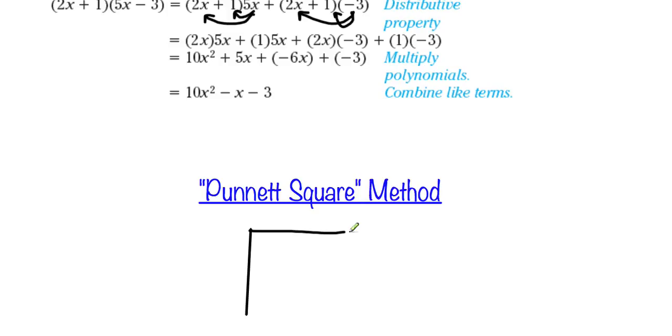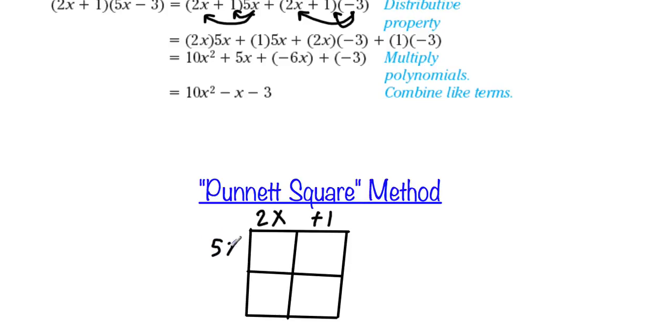Now let's write our two expressions. We have 2x plus 1, put it on top. Again, put the operation before the number so you know if it's positive or negative. And you have 5x minus 3.